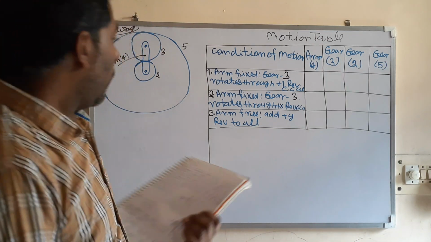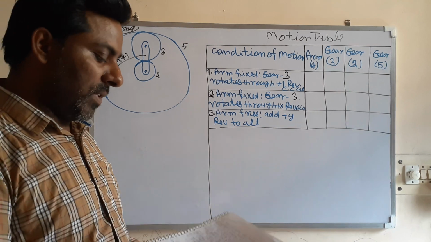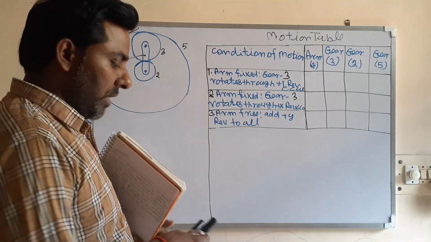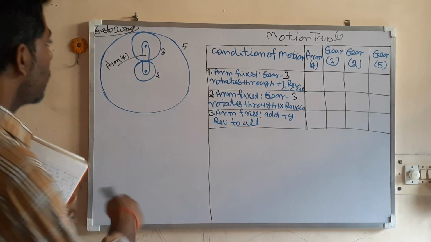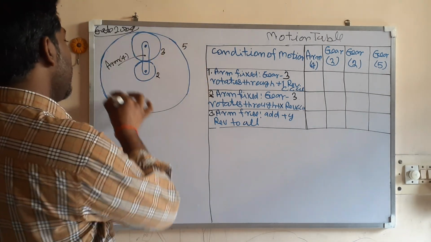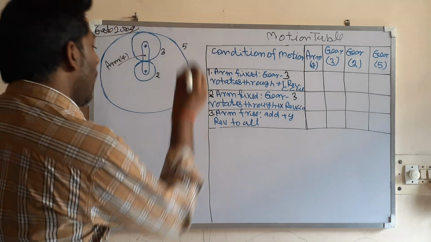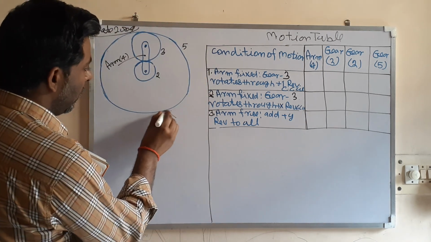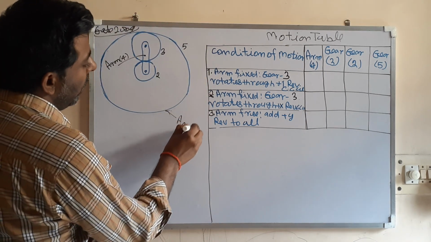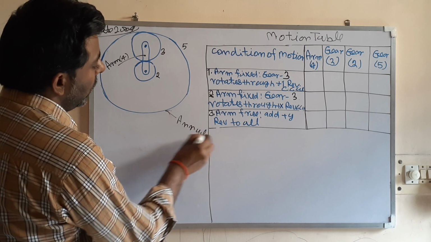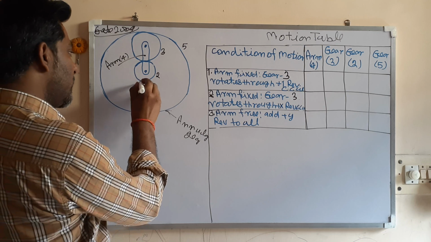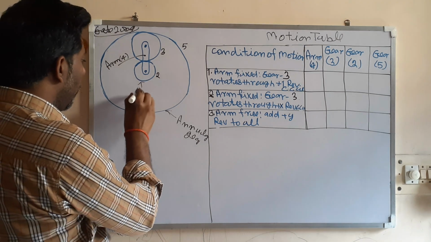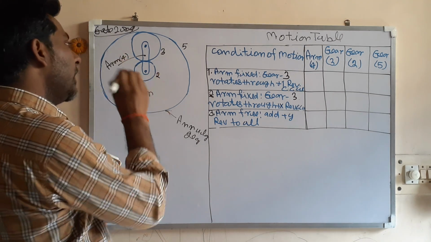Before going into the question, first let us see the terminology. This big gear is known as the annular gear, and this center gear is known as the sun gear.